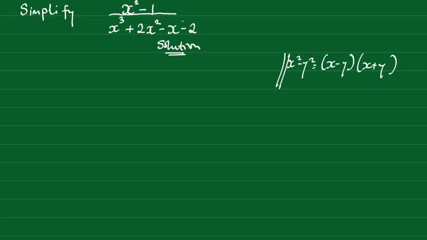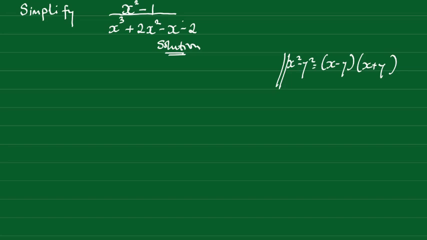While at our denominator we have a polynomial of degree 3. Hence, to solve for that, we search for a linear factor of our denominator, x cubed plus 2x squared minus x minus 2, which gives us 0 as a remainder on division.